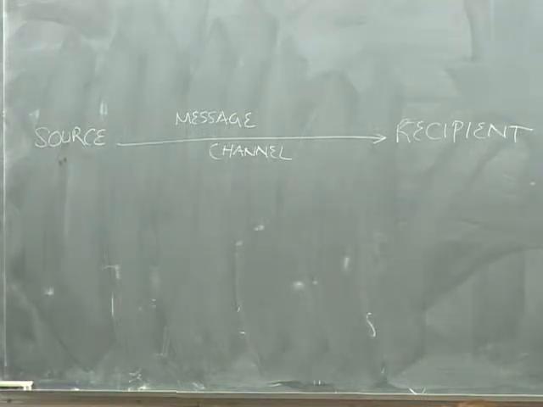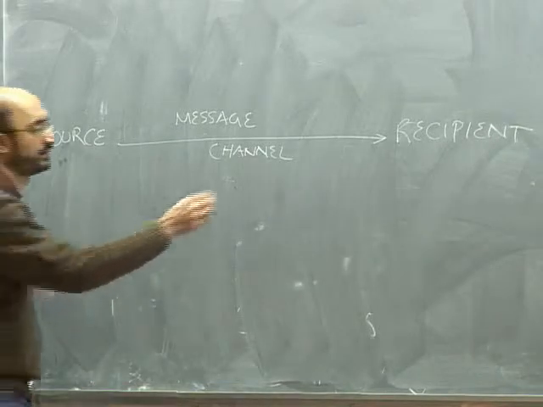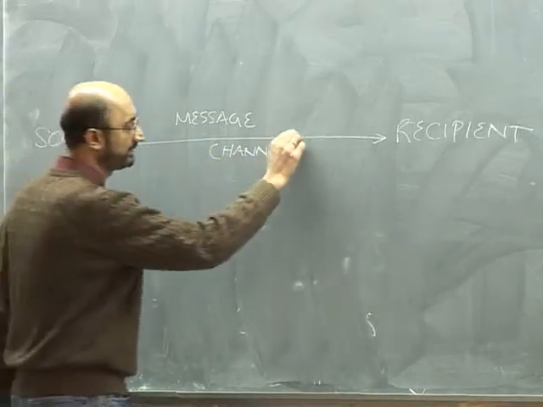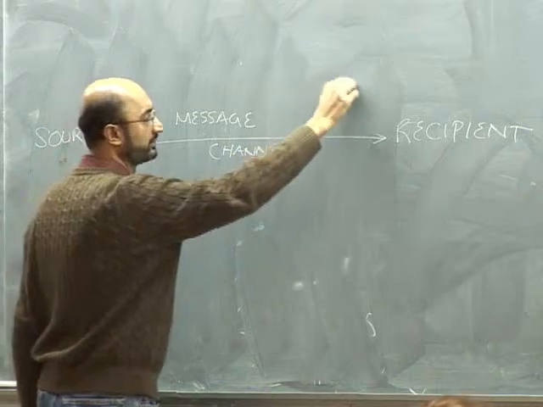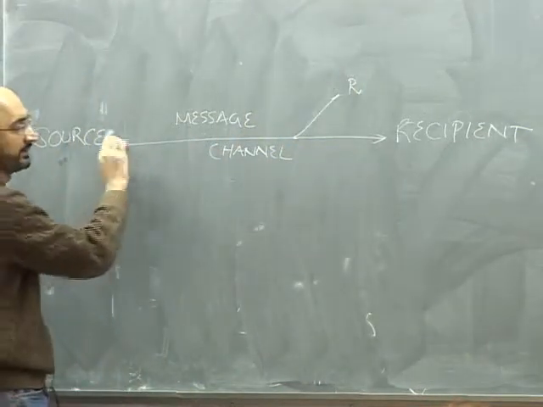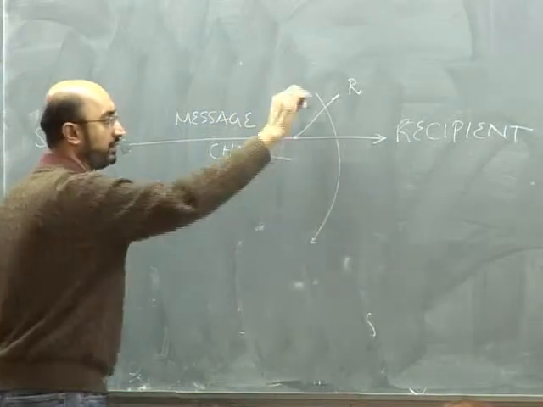So everything in this chapter concerns this basic model over here. Source, channel, recipient, and the channel can be complicated. The channel can be bidirectional, for example, or the channel can be multicast, which means it goes to more than one recipient, or it could be broadcast, in which case the source sends out something and a whole bunch of people receive it.